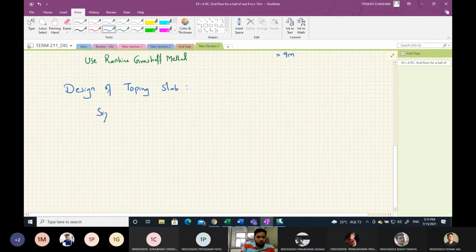The size of topping slab will be 1.5 meter by 1.5 meter.